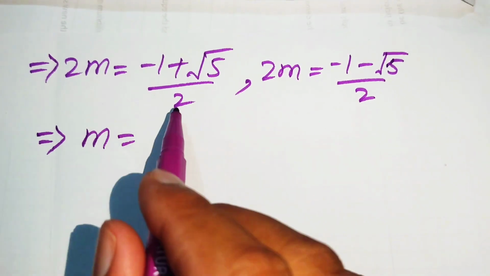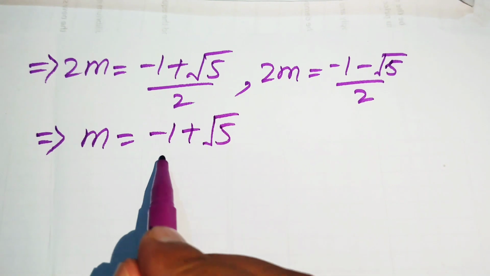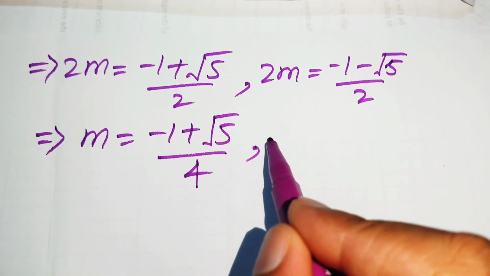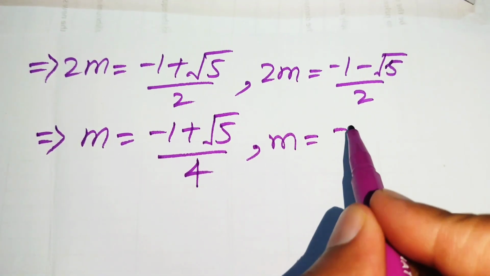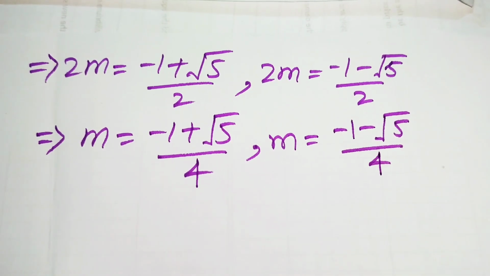So here we need to simplify these two equations, and we easily get the other values of m. Now we move this 2 to the right hand side, so we get m equals minus 1 plus square root of 5 divided by 4, and in this case we get m equals minus 1 minus square root of 5 divided by 4.